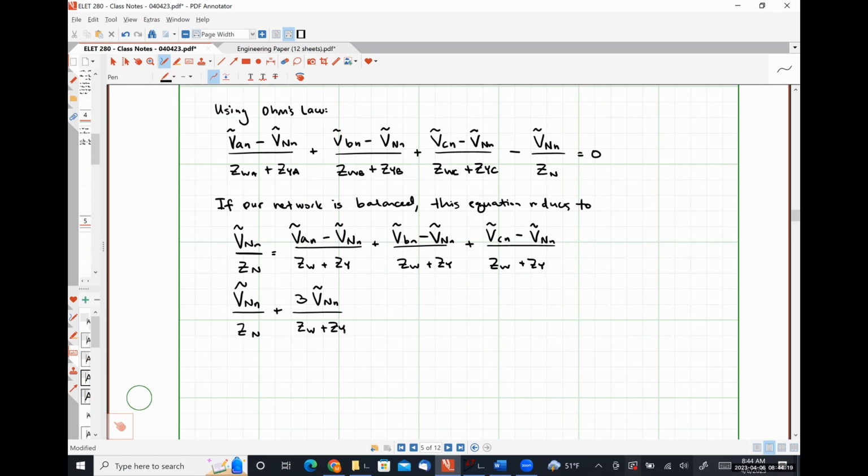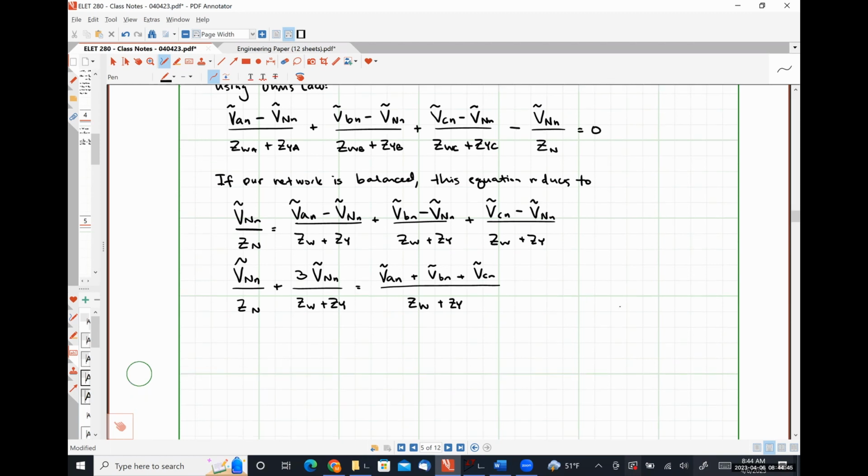I'm just going to multiply it by 3 to consolidate things, is going to be equal to VAN plus VBN plus VCN divided by ZW plus ZY.